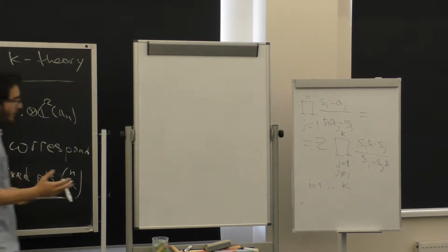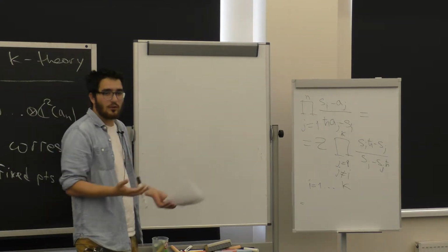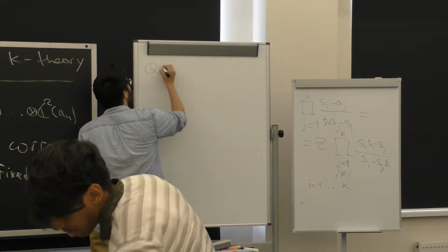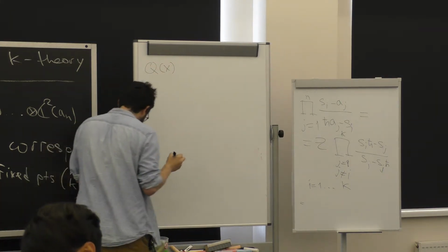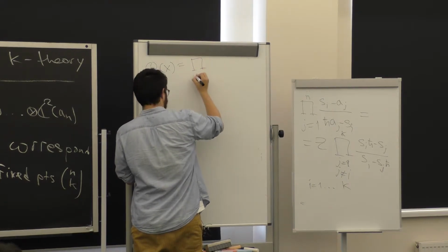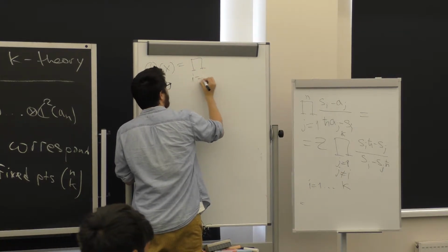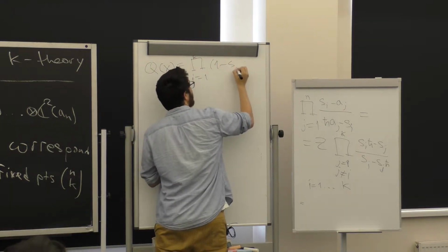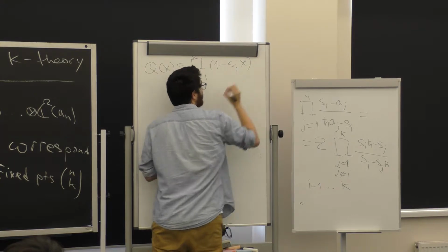So in particular, what's a good way to write down the generator then? It's the Q operator, which will be the product from i equals 1 to k of 1 minus si x.